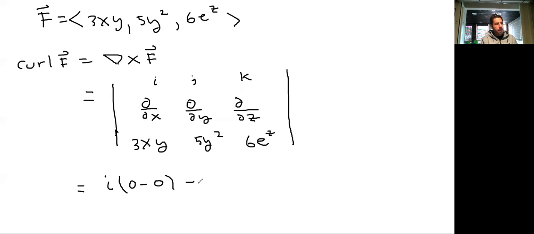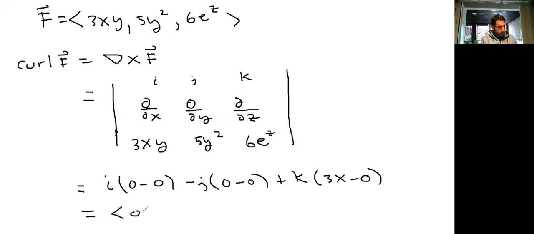Then I have minus j, and then I have a 0 minus a 0. And lastly, I have plus k. The partial with respect to y is just 3x, and then the partial of this guy with respect to x is 0. So when I clean this up, I get 0, 0, 3x.